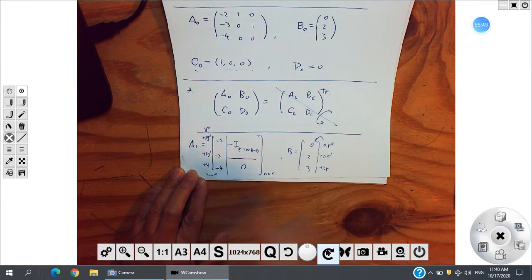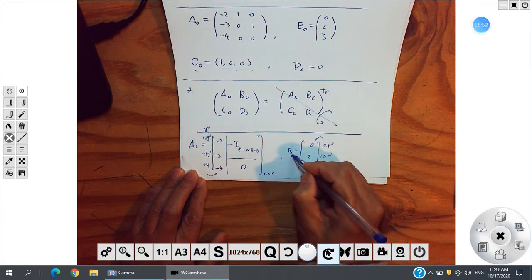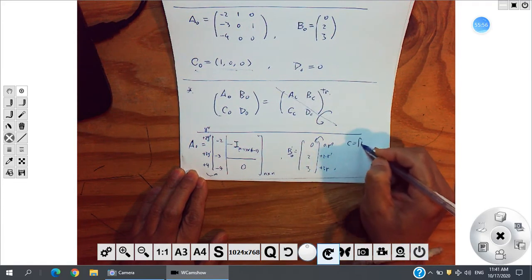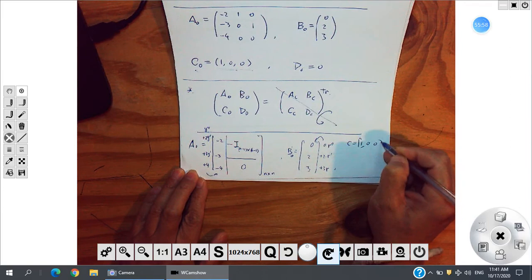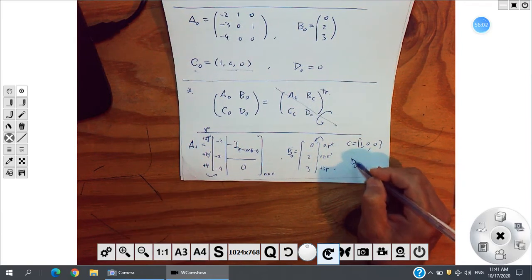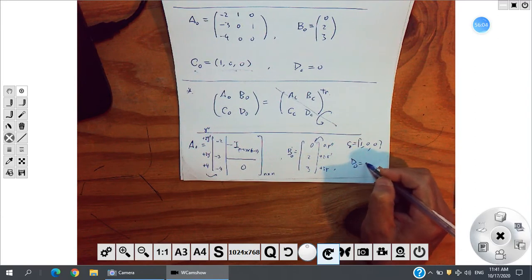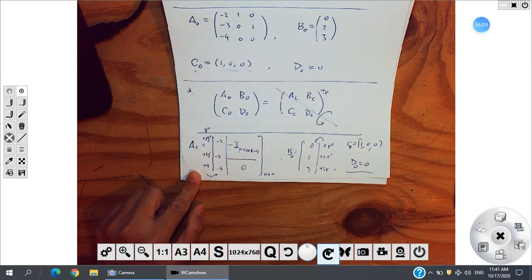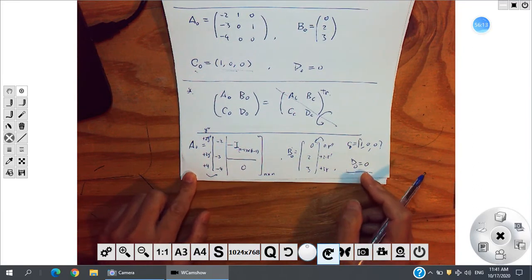This is B0, observable. C is always 1, followed by some zeros. And D, well, it depends. D depends. In this example, it's 0. So this is the observable canonical form.